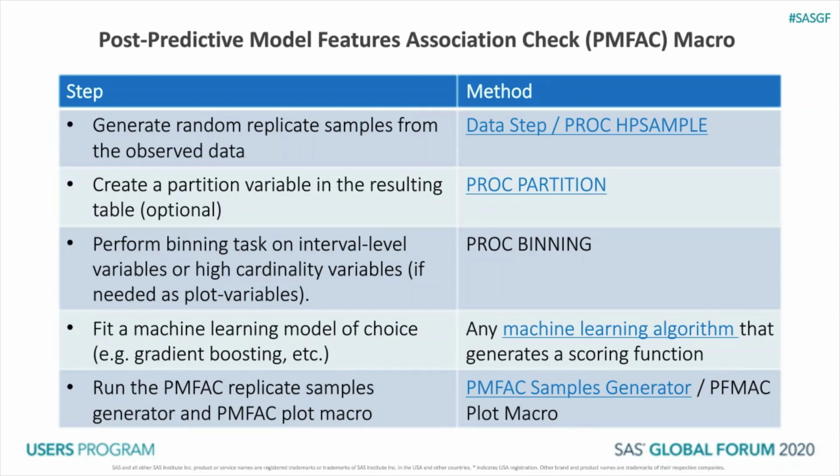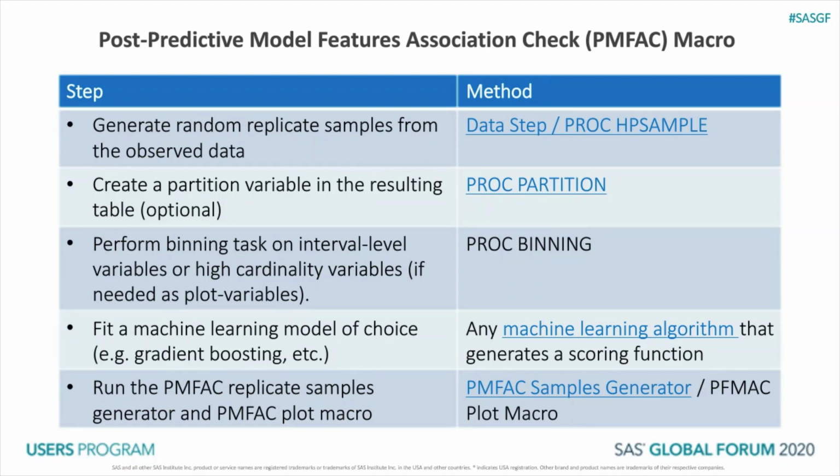As I mentioned before, it can be used to generate posterior distribution of model predictions in the training database, and we can compare that to the predictions generated from the replicates of the sample, and I'm going to explain that.